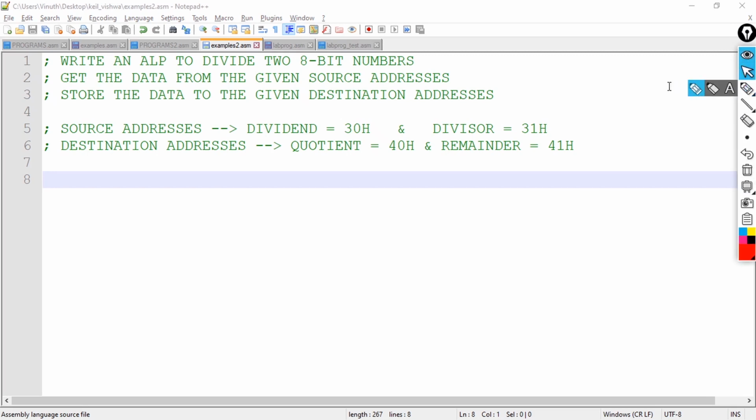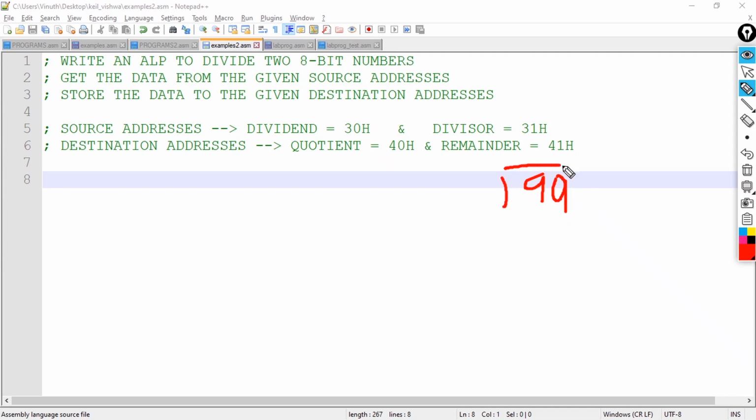Since we are looking at 8-bit numbers, let us see how it is done. Let us take an example. Suppose I have 99.